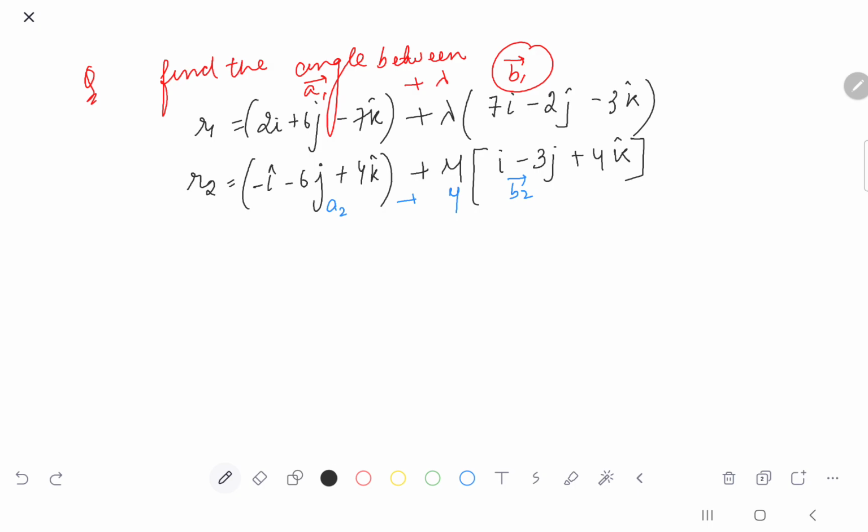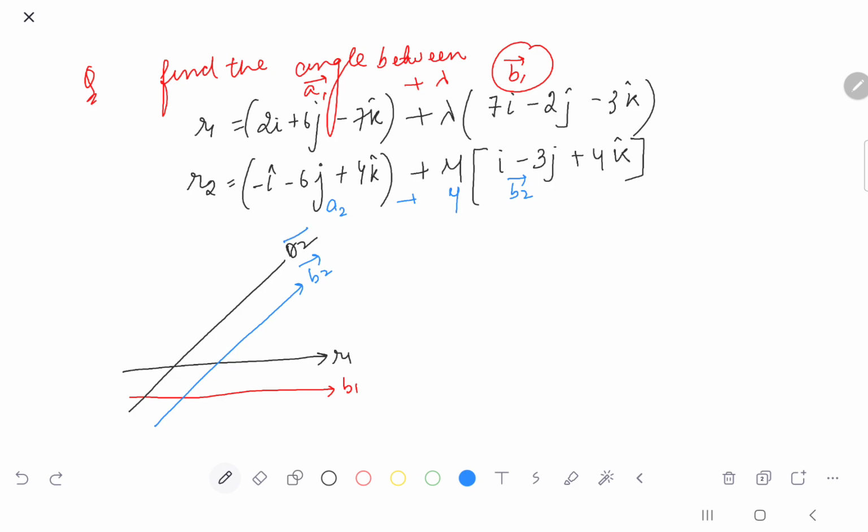So draw the diagram. I know R1 is this, and R1 is parallel to B1. And R2 is this black line, and R2 is parallel to B2.